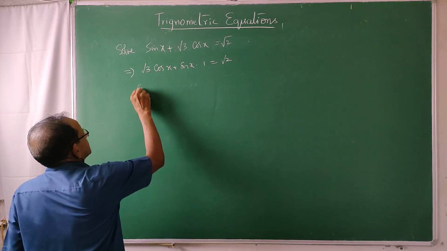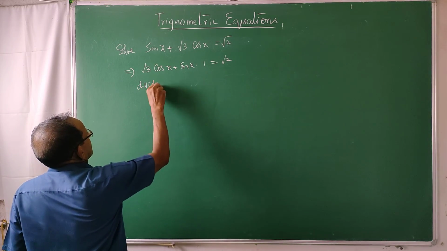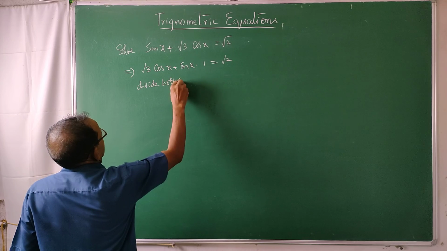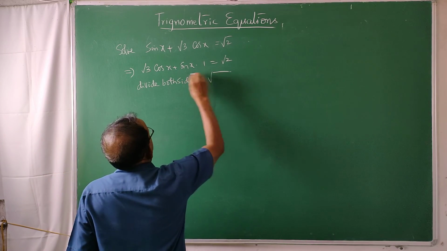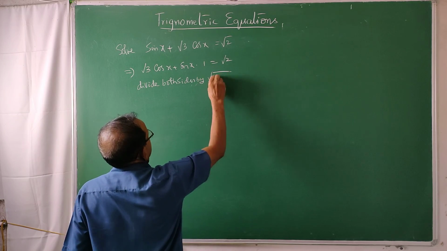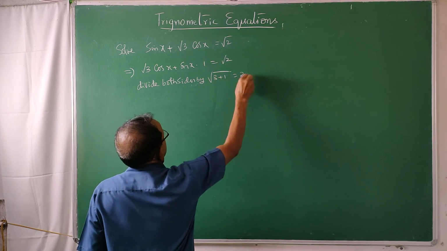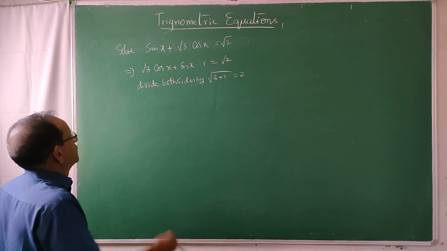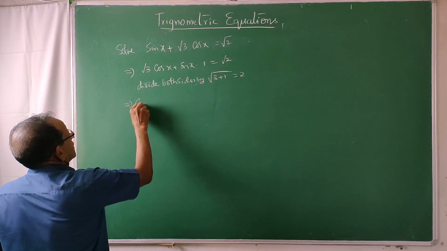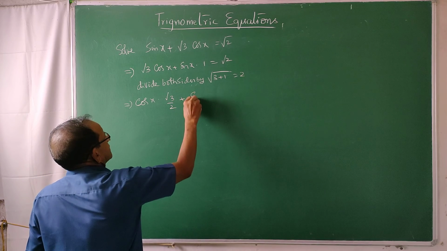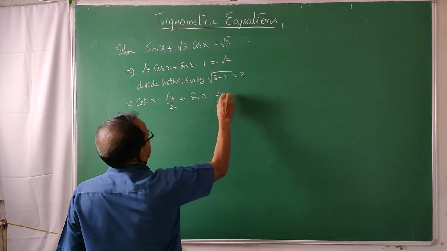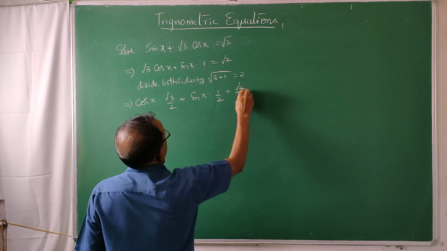So divide both sides by root of root 3 whole square plus 1 square, that is 3 plus 1, that is 2. We get cos x into root 3 by 2 plus sin x into 1 by 2 is equal to root 2 by 2.